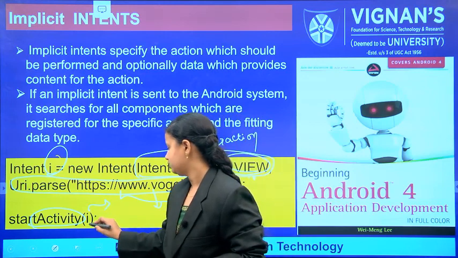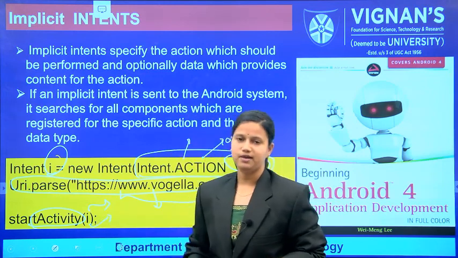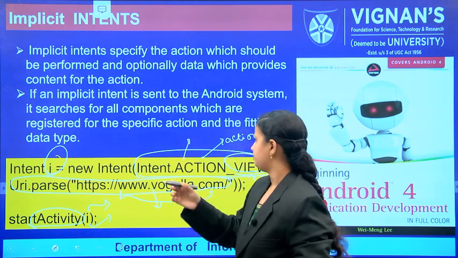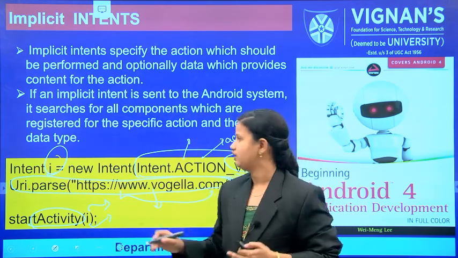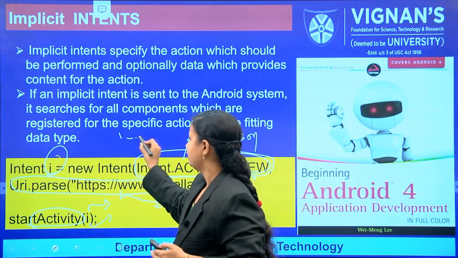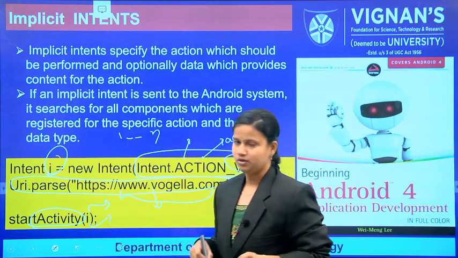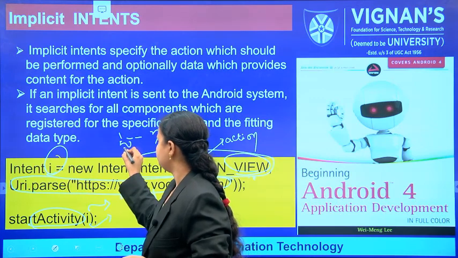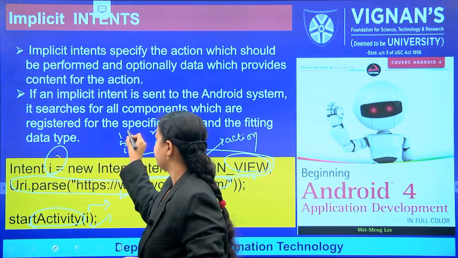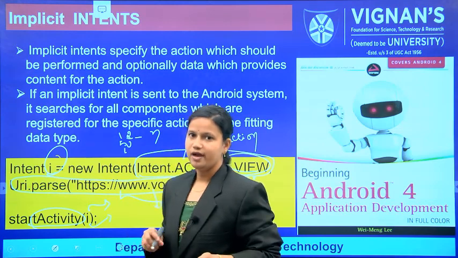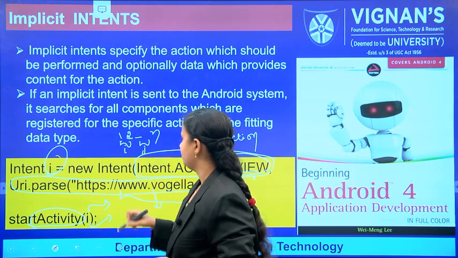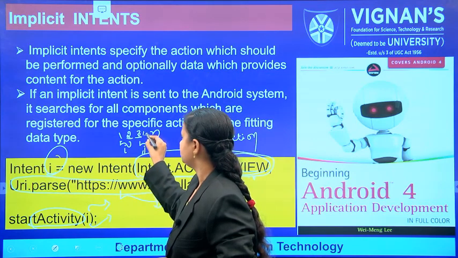Why? Because in the application we have different intents. Your application has 1 to n activities. In this, one intent is created for moving from the first activity to the second activity, and another intent is created, named J, for moving from third to fourth.